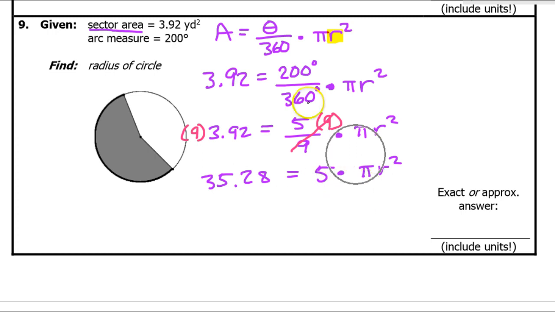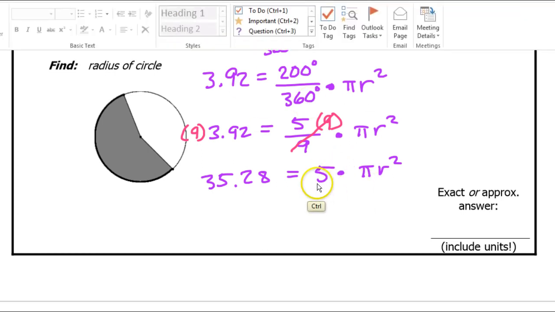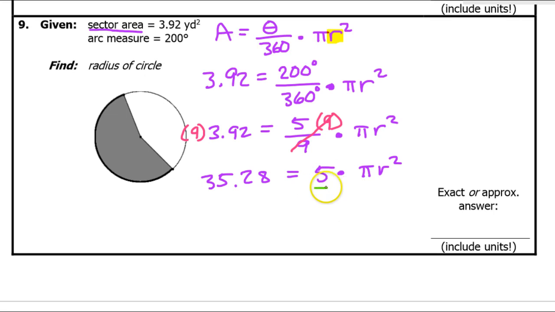Time to divide by 5 pi. So I'm going to divide by 5 pi on both sides. That way the 5 and the pi will cancel out. So that leaves r squared over here by itself.